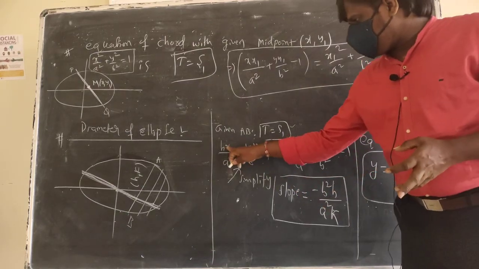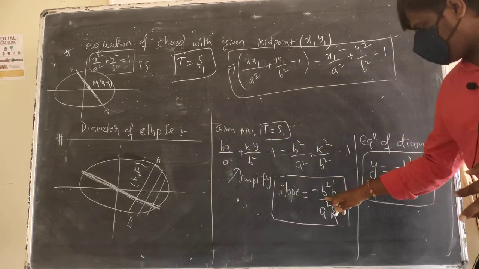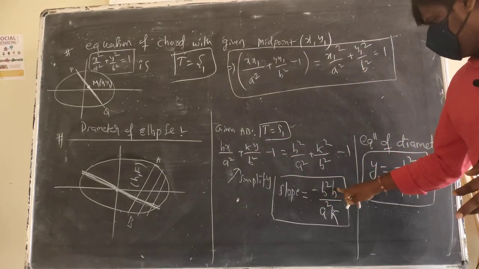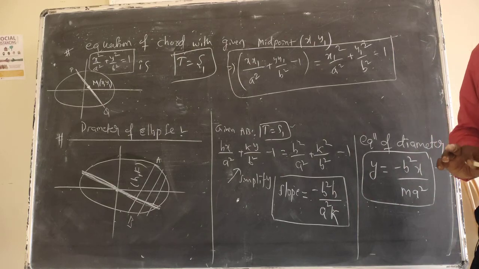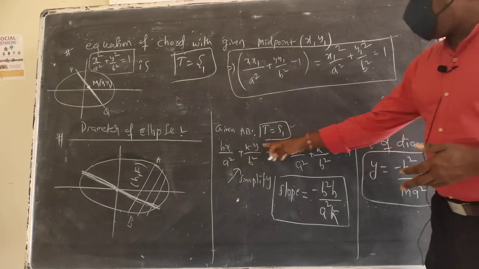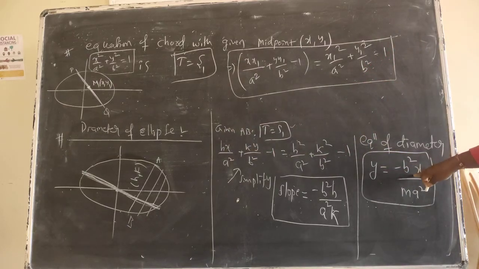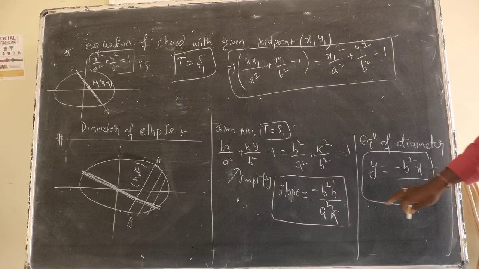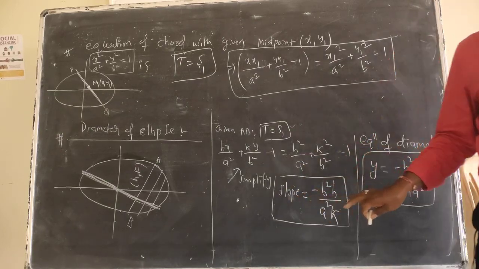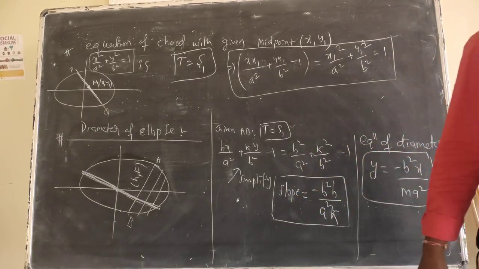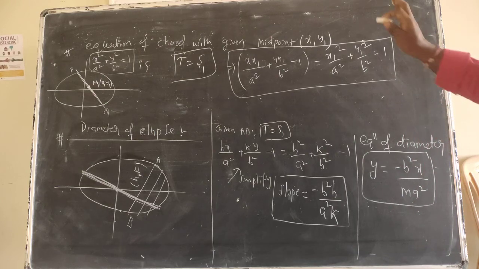So the slope you get is minus b square h by a square k. And in terms of y, after simplification, this is the equation of the diameter, and this is the slope of the diameter.